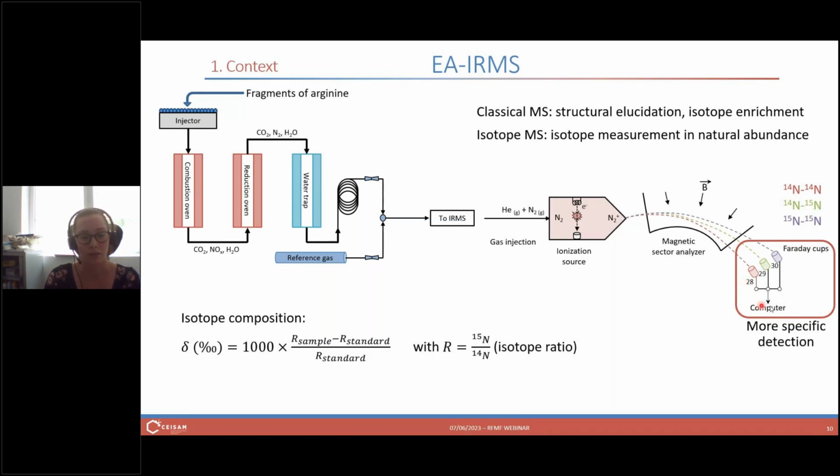So thanks to this machine, we will be able to measure the isotope composition in per mil of the molecule, and it's always compared to a reference gas. In our case, it is a bottle of dinitrogen.